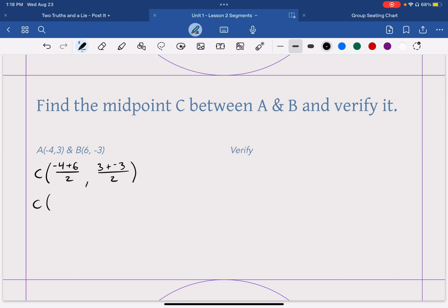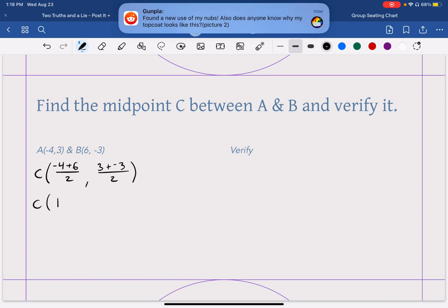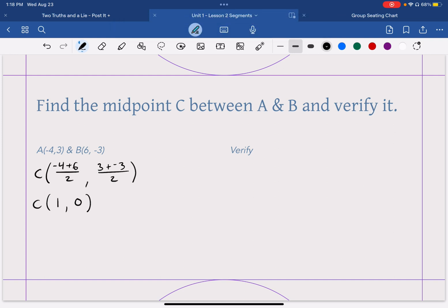So now C is going to give us 1 and 0. We can see that negative 4 plus 6 is going to give us positive 2 divided by 2 is going to be 1. 3 plus negative 3 cancels out, leaving us with 0, so that's going to be that.